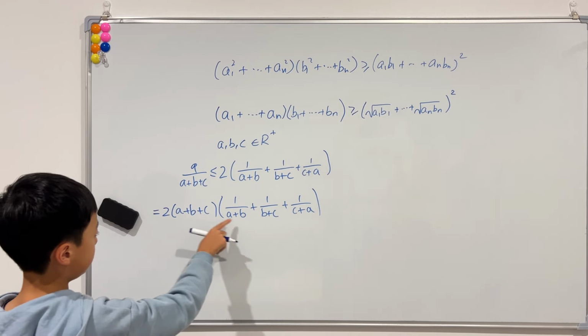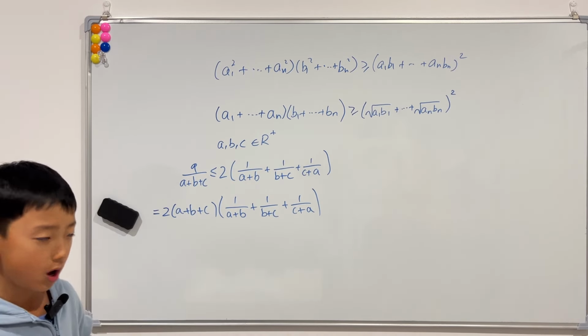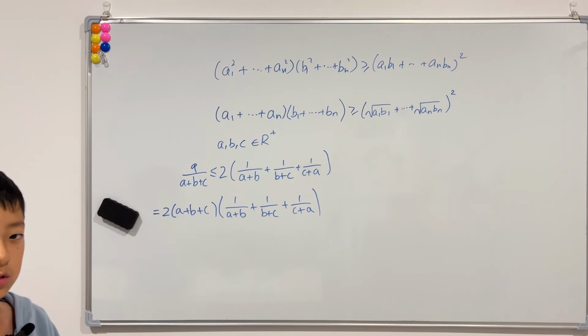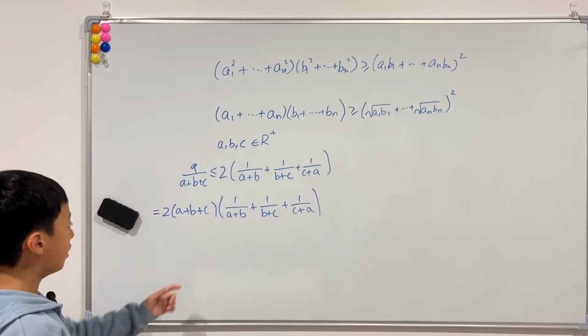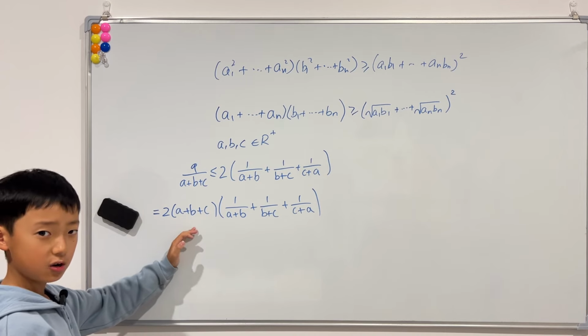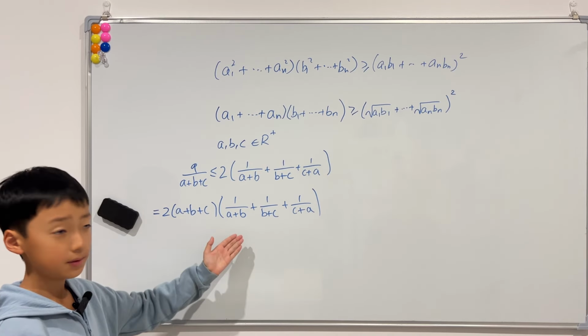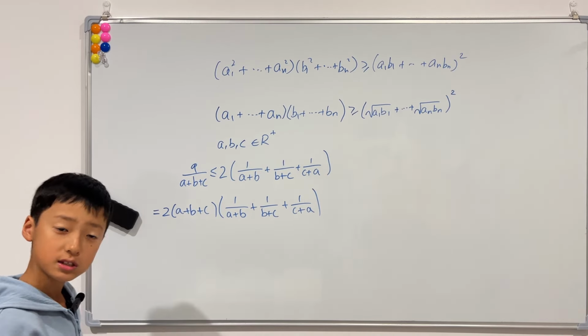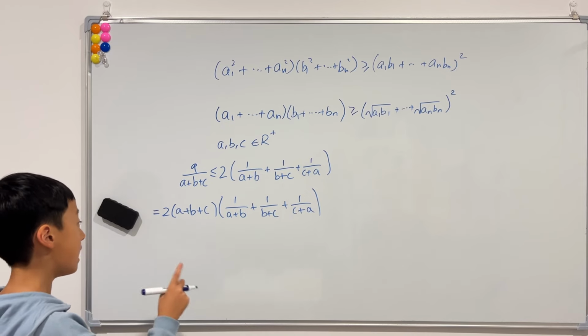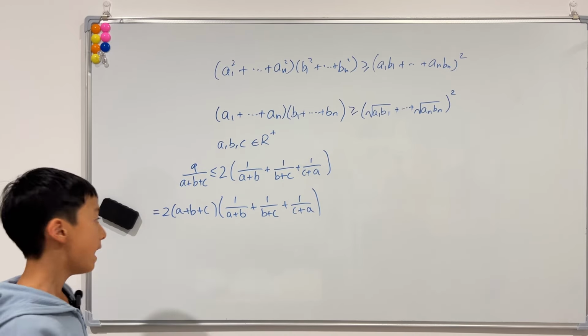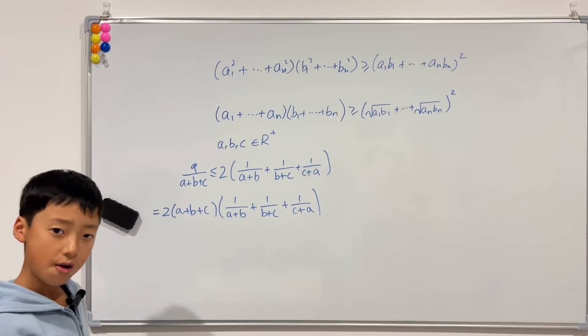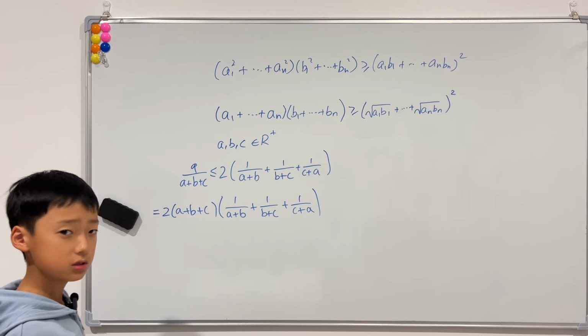A multiplied by 1 over A cancels out and becomes 1. So that's what we want. So don't we want the thing that's multiplying here to be the sum of the denominators? And if you notice, the sum of the denominators is 2a plus 2b plus 2c. And if we distribute the 2, that's exactly what we want.